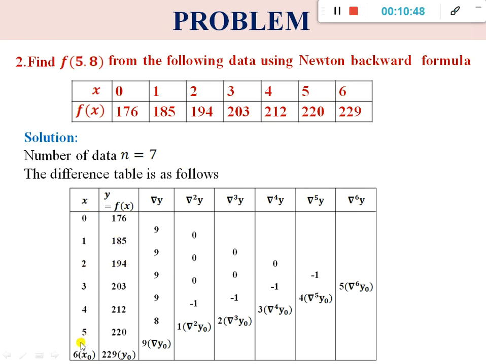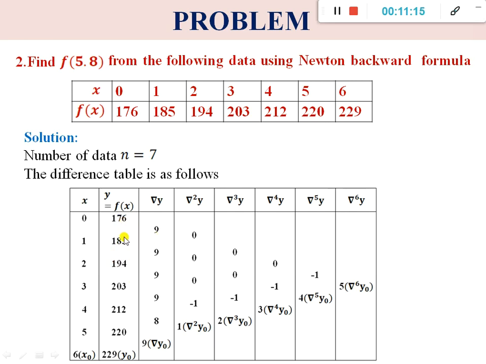So take the x data and y data and find out the delta values. First column delta y. How will you find out delta y value? Look at the y data, y1 minus y0, and then y2 minus y1, like that we need to subtract second value minus first value, third value minus second value.